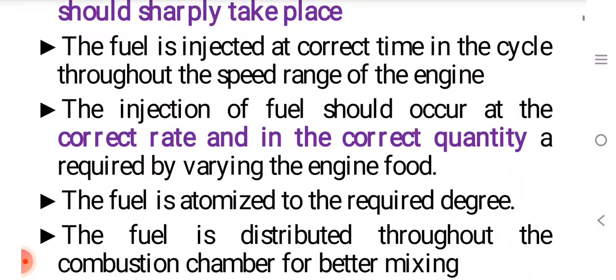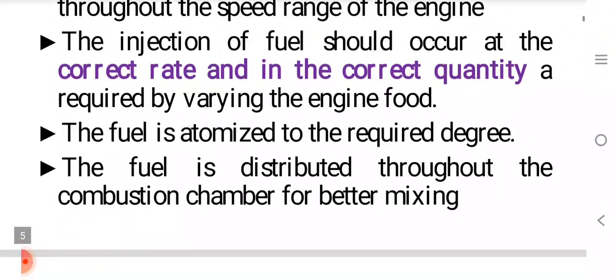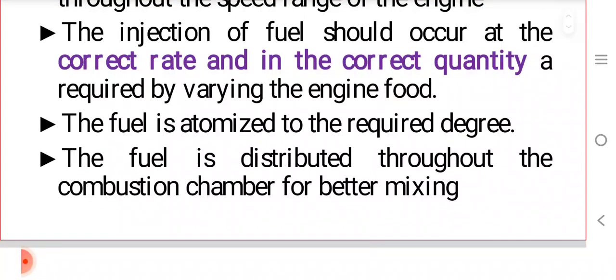The injection of the fuel should occur at the correct rate and in the correct quantity required by the varying engine load. The fuel is atomized to the required degree.